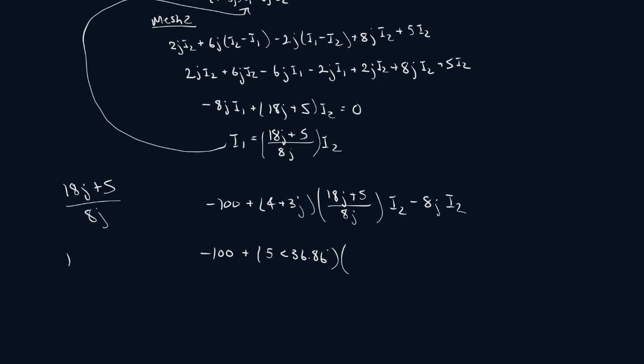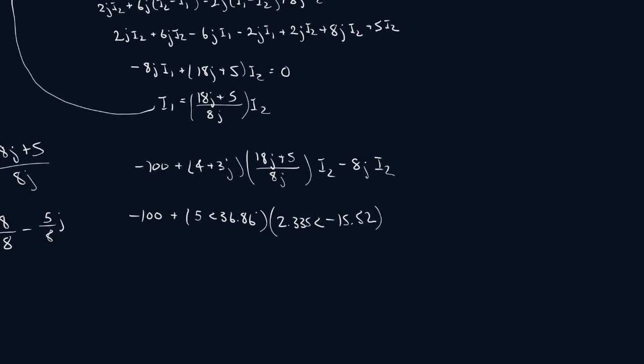So obviously break that up, so it's 18 over 8. The j's cancel out, then 5 over 8j, and then you just bring the j to the top, so this turns into minus. The phasor for that should be, give me a sec, 2.335 phasor minus 15.52, and this is I2 minus 8j I2.